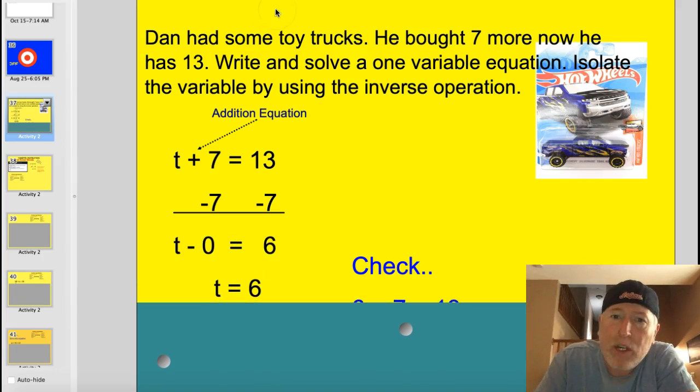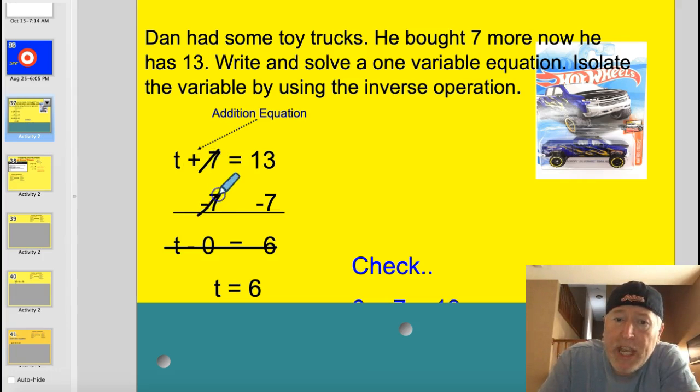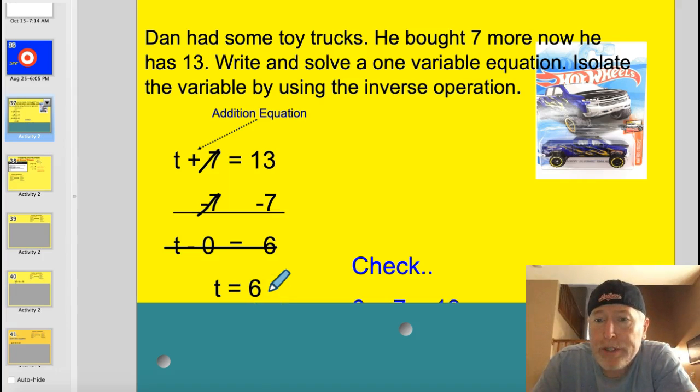Now this step here, we can really just skip, and we can just say that we just have t equals 6 here. All right? Now, look at this. T plus 7 equals 13. When you have plus 7 and minus 7, those cancel out, leaving just that t equals 6. Now, I know you can say, I can do it in a calculator, I can do it in my head.